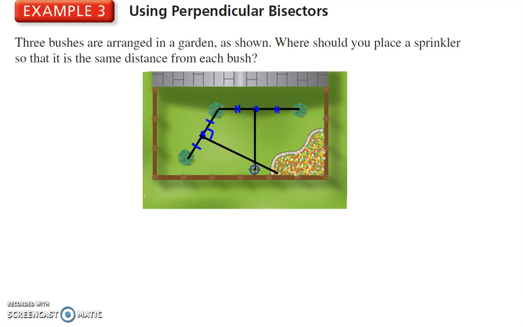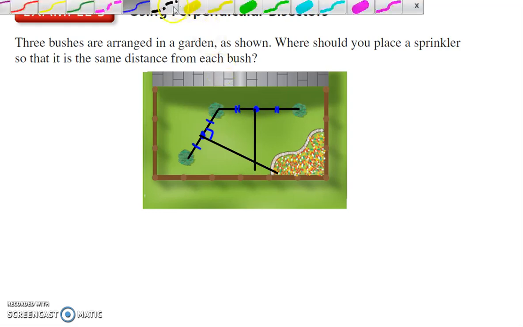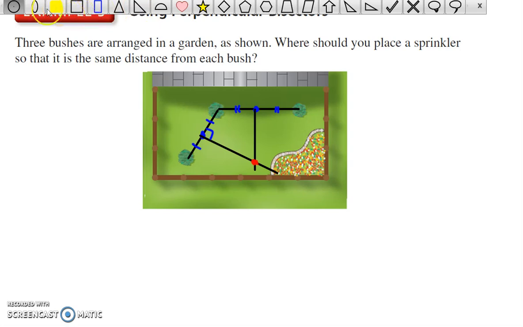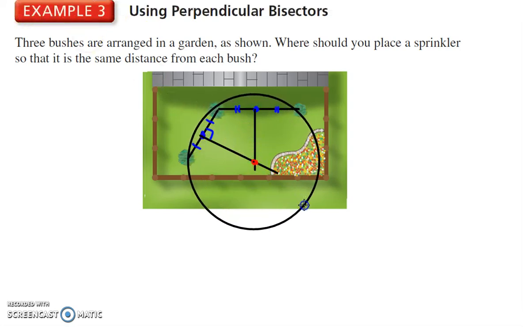This way. And then if we took this point right here, and we did a circle around there, we should be the same distance from everything. Approximately. My construction wasn't perfect, but it was close. It's getting all the bushes.